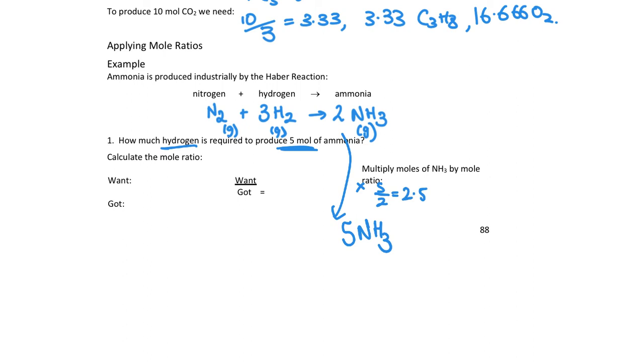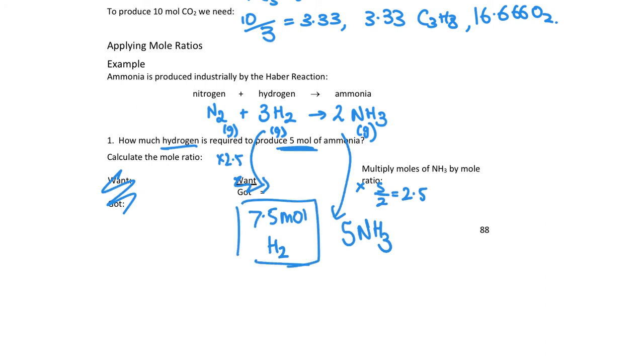So we got to times everything by 2.5. If we're looking for hydrogen, we'll times 3 by 2.5, and what do we get? 7.5. Easy. If you're able to shift one reaction to the other by finding the scale factor, you've done the exact same thing. So 7.5 moles of H2.